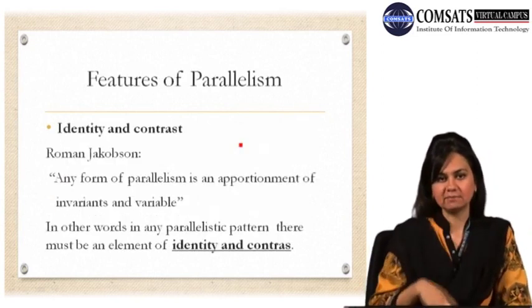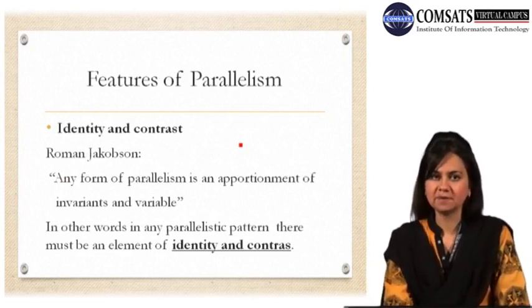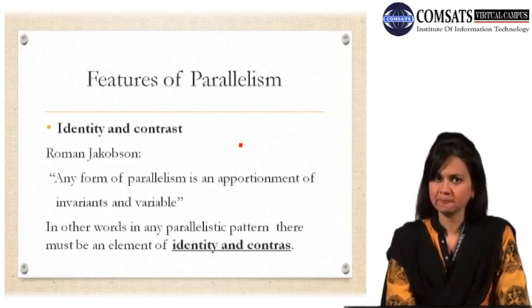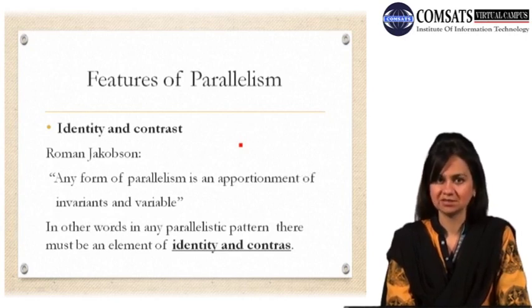Now that we have observed this example, in order to highlight how parallelism may be not just parallelism that comprises repetition of sound, which may be the use of alliteration, or repetition of words like anaphora. It can also comprise the element of antithesis, where correspondence is created between two opposite things.